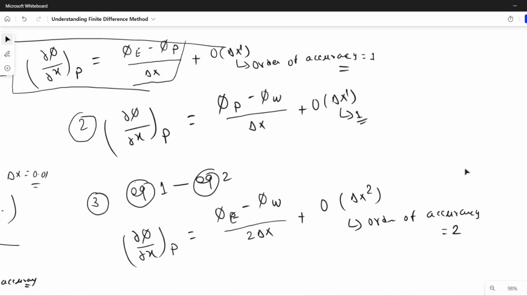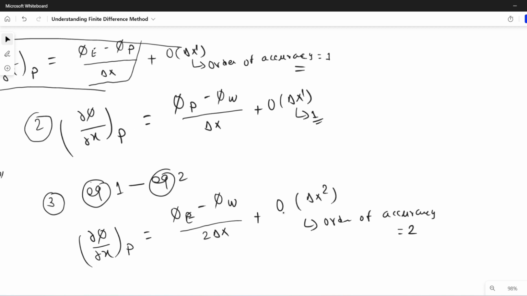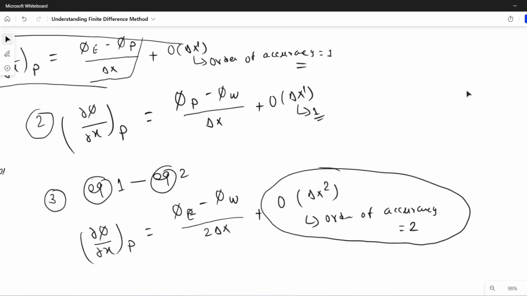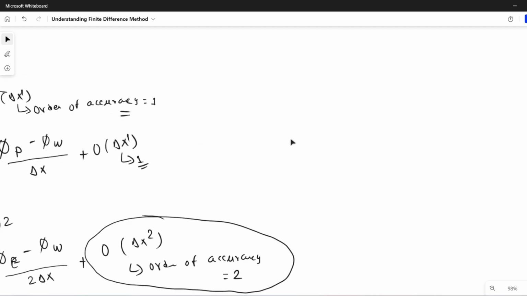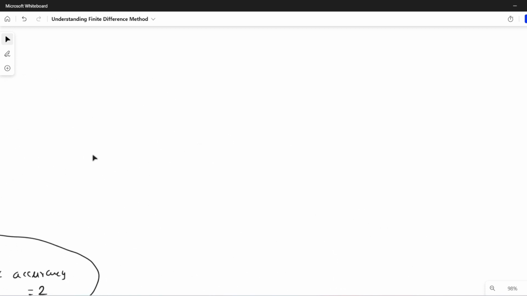Now how am I getting this order of accuracy to be 2? When we subtract equation 2 from equation 1, let us first try it. This is my third case.